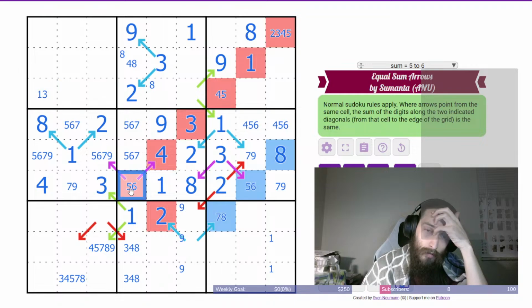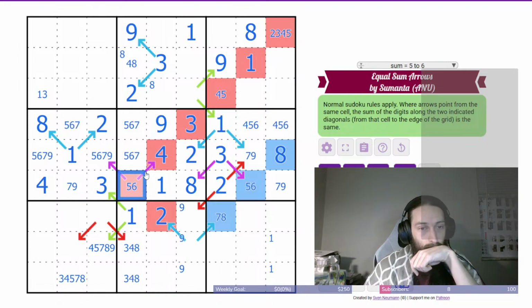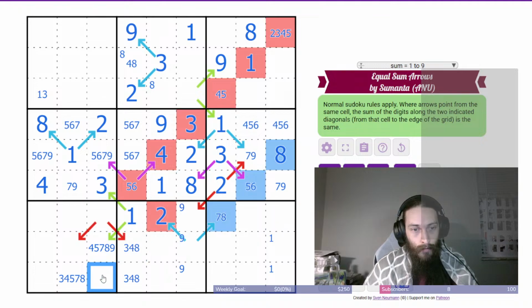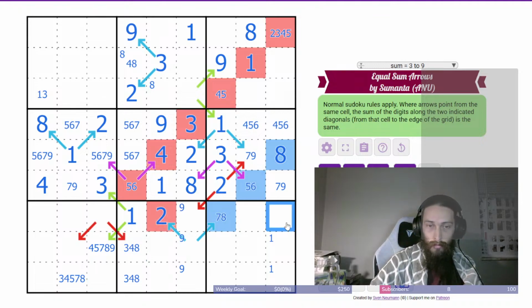In box 6, the purple arrows that come down from the 3, coming down to the left, it already sees a minimum of 14. 1 and 3 and 10. So 14 means this is 8 or 9.